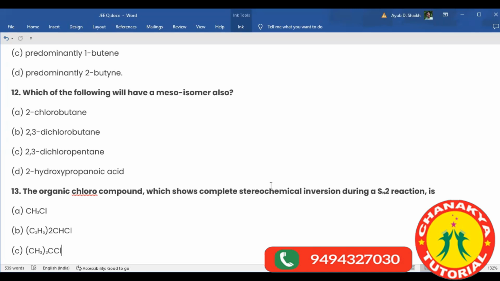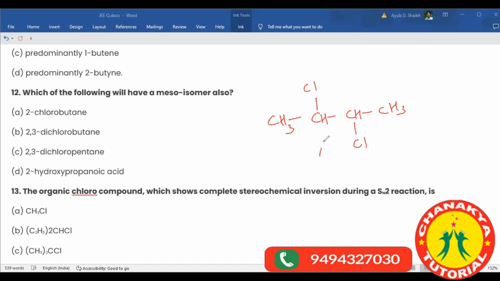Ma'am, it's option B. 2,3-dichlorobutane. Are you sure? Yes, ma'am. Fine. What would be the structure for that? First of all, I'll draw the basic parent structure for butane, carbons 1, 2, 3, 4. With 2,3-dichloro, here it will be chlorine on carbon 2 and on carbon 3. So CH3, then CH, and here also CH, then CH3.